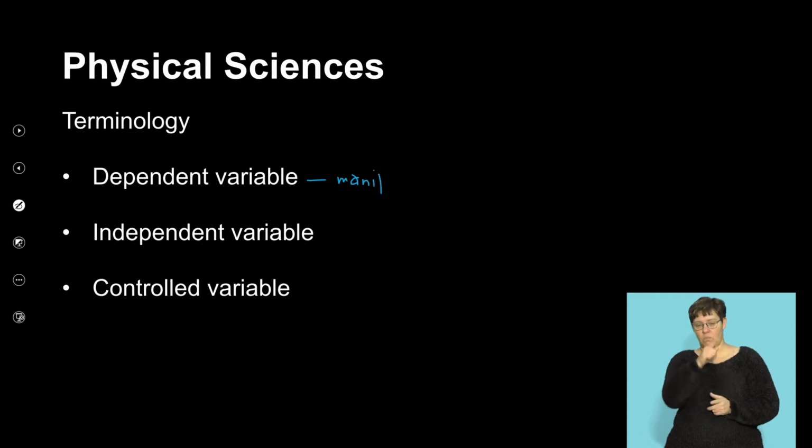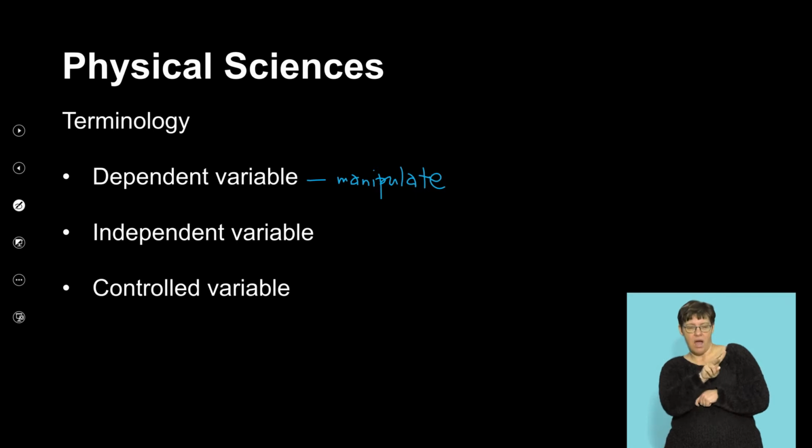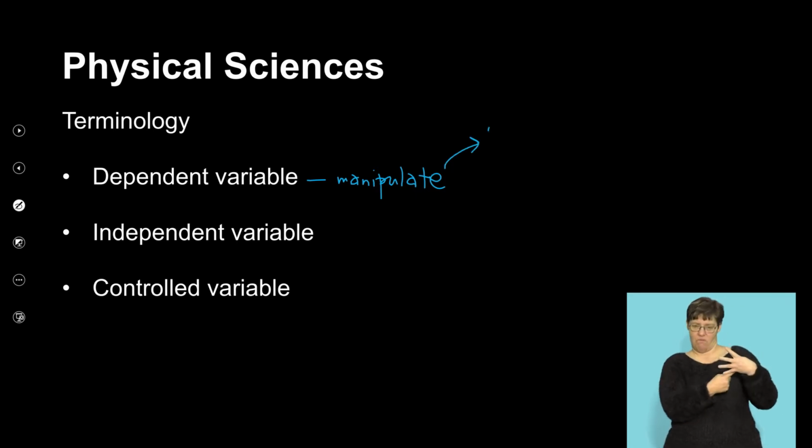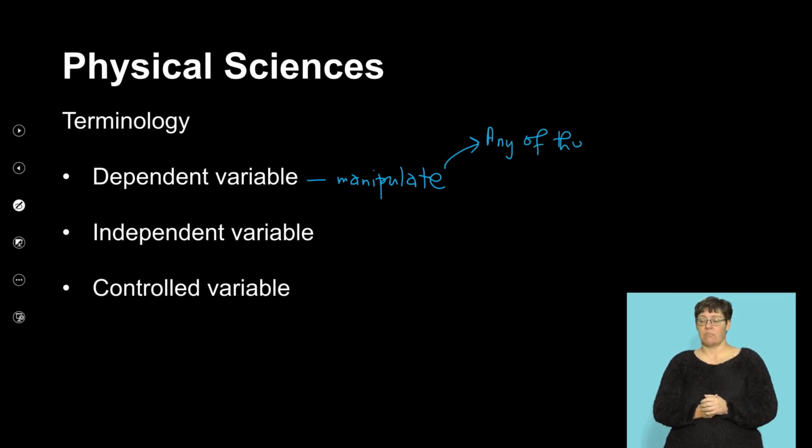Manipulate is what we change so that we see the effect on resistance. So this can be any of the 4 factors, but one at a time, any of the 4 factors that affect resistance.